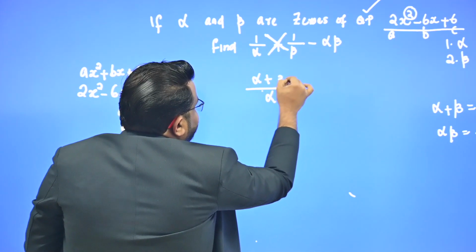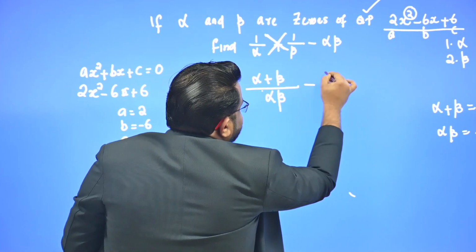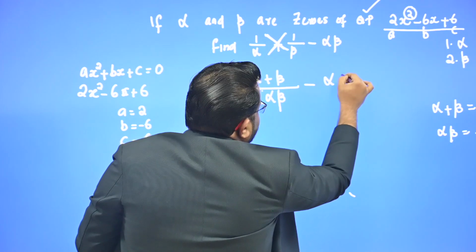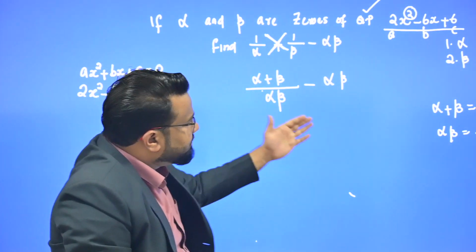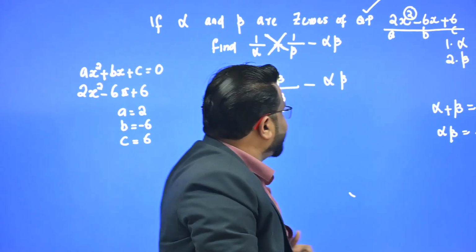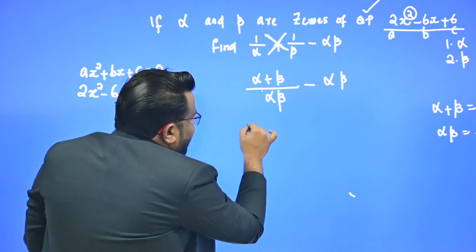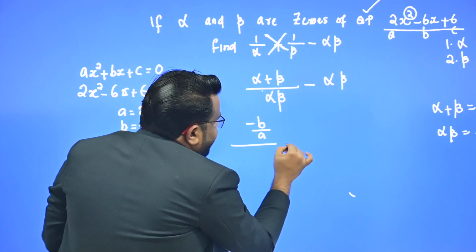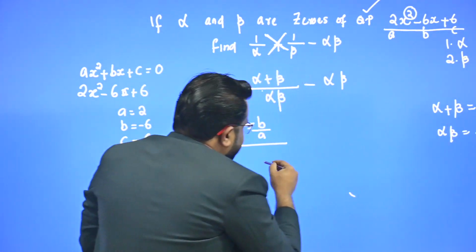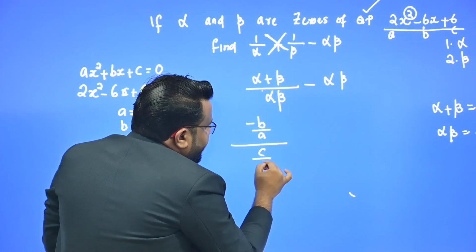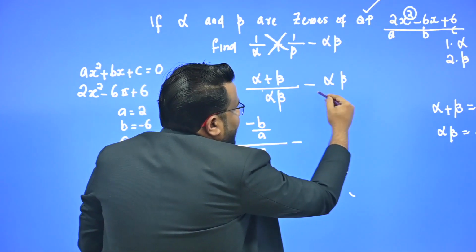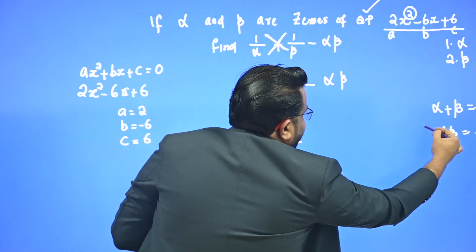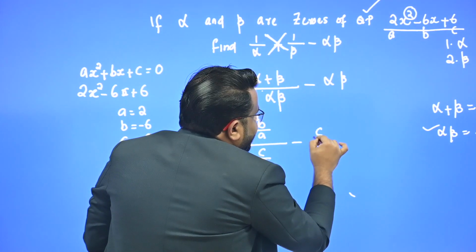Alpha plus beta minus alpha into beta. We know alpha plus beta is equal to minus b by a, divided by alpha into beta, which is c by a, minus alpha into beta. Alpha into beta is equal to c by a.